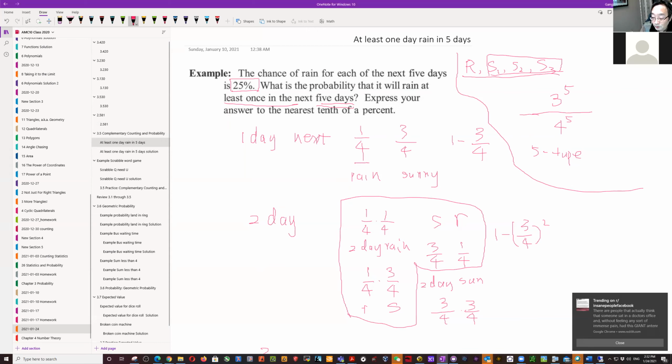And with at least one day, then it's 1 minus this. So using the letter simulation, using the tuple, it's going to arrive at exactly the same probability as using the probability directly.